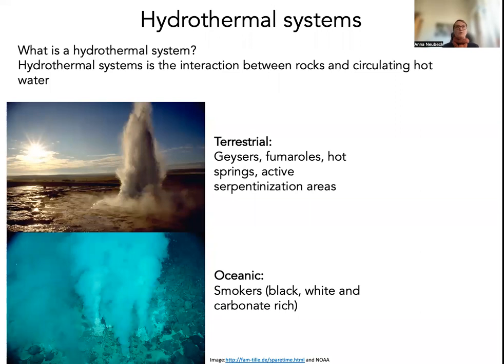And there are two types, a terrestrial type, which includes geysers, fumaroles, which are vents from which hot gases and vapors are emitted, and hot springs and active serpentinization areas. And in the ocean environment, you have smokers: black smokers, white smokers, and carbonate-rich smokers.